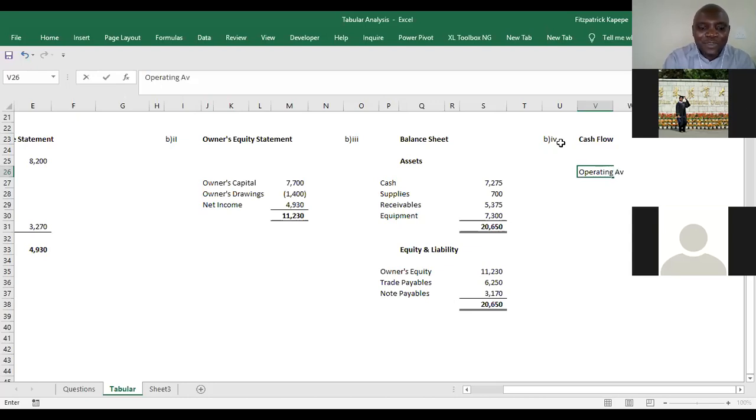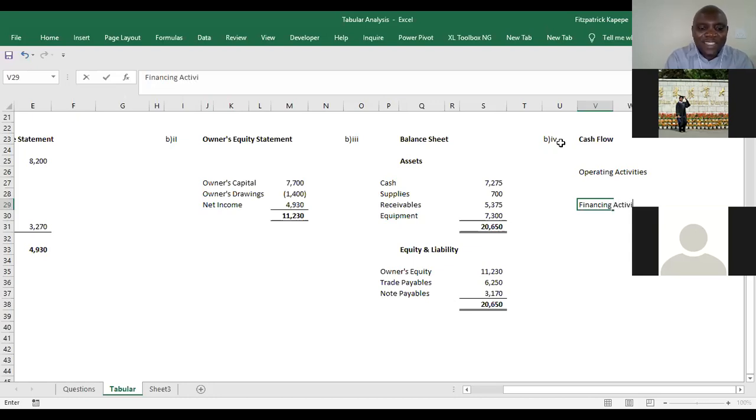You don't need to put them in the manner that International Accounting Standard 7 prescribes. Just a simple cash flow that you are showing. So here we'll show the operating activities, then we'll show the financing activities.